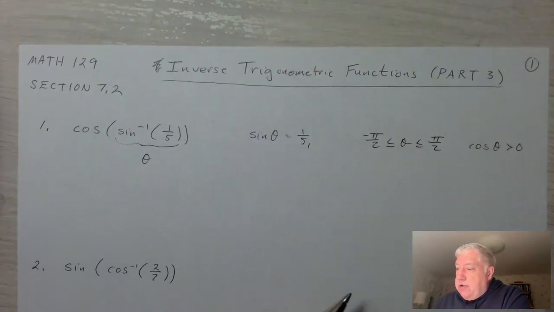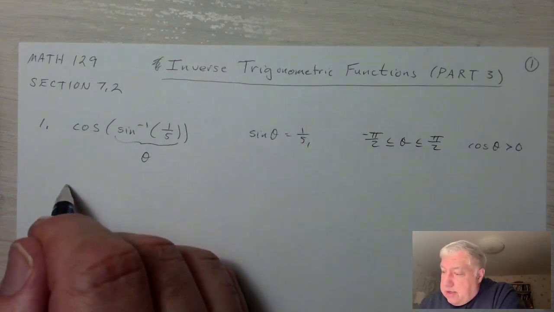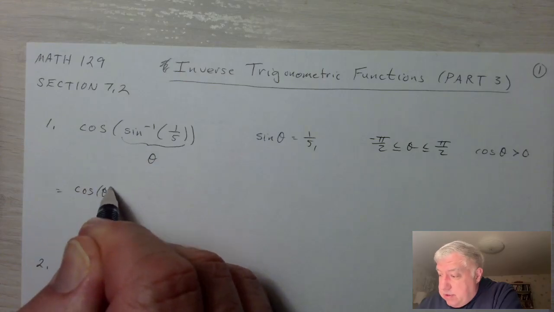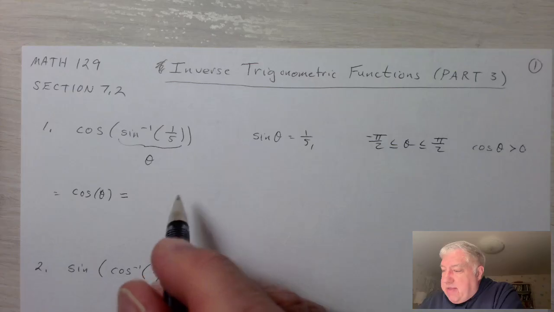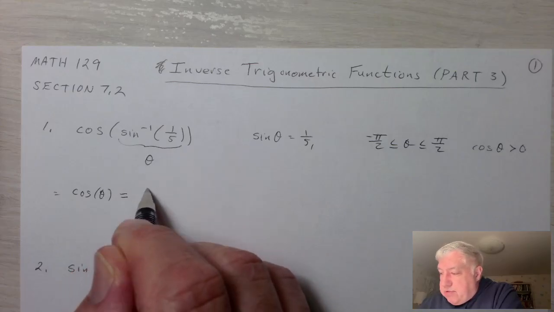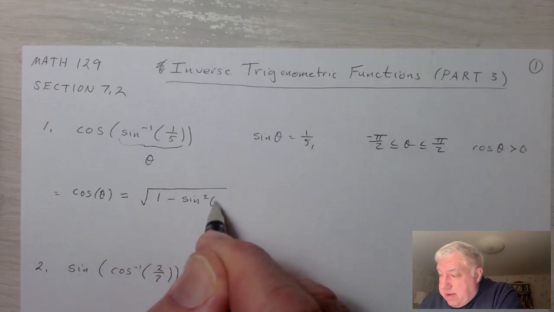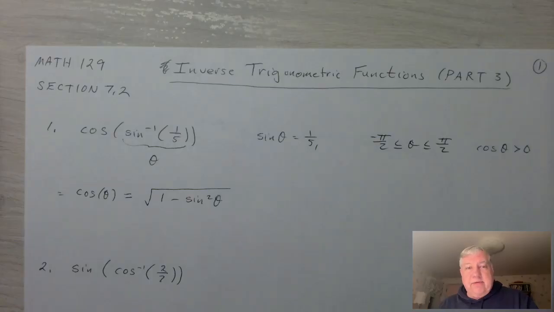So we know that this is equal to the cosine of theta. And by the fundamental identity, we know this is going to be the square root of 1 minus sine squared of theta. And we know it's the positive square root because the cosine is positive.